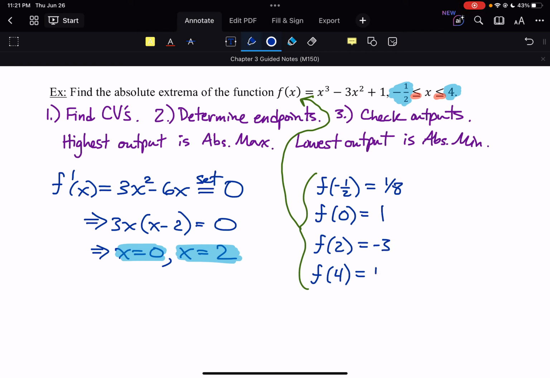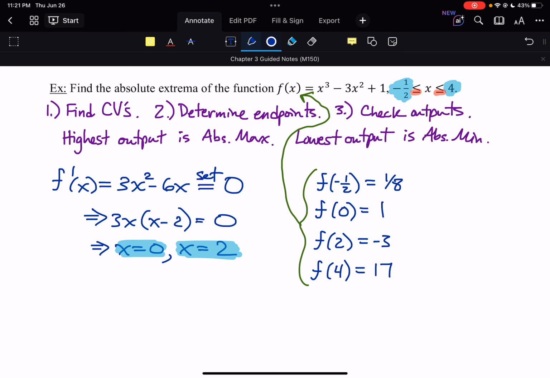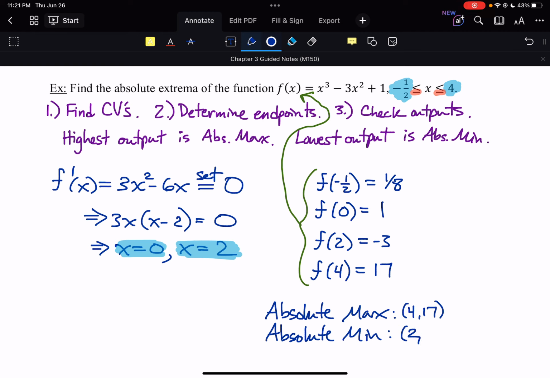We get these values. And now we just look at what is the highest output and what is the lowest output, and those are absolute extrema. Highest is here at 17, so that's (4, 17). And the lowest is -3 at 2, so (2, -3).